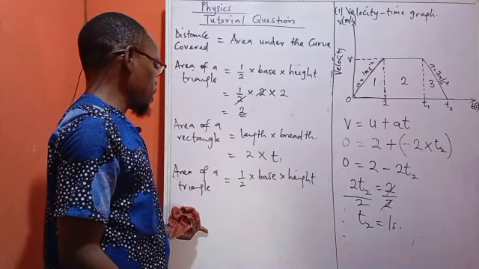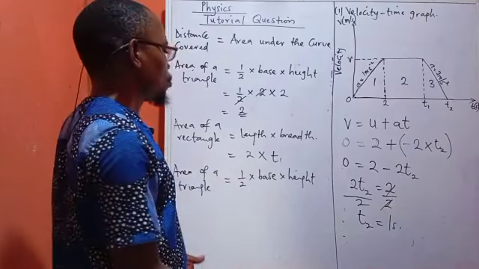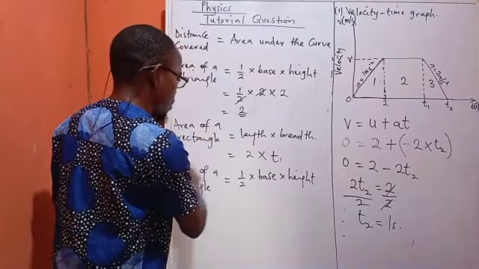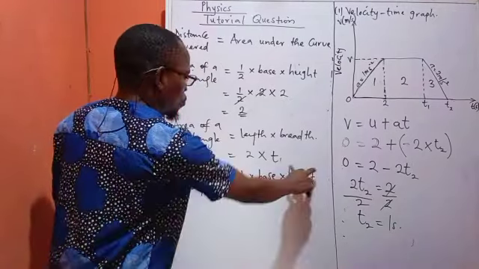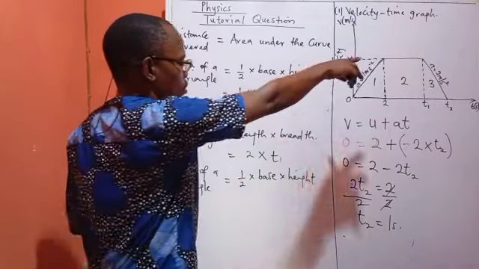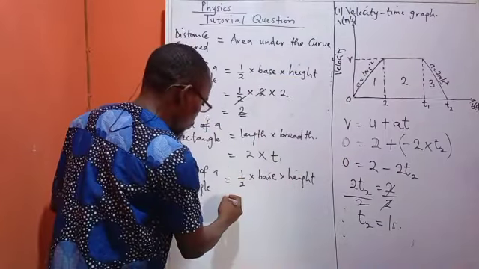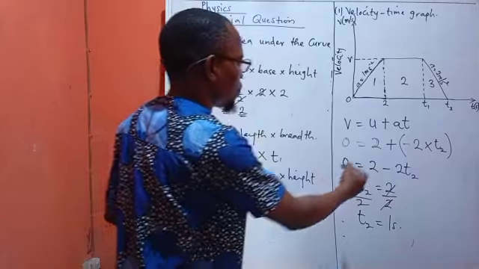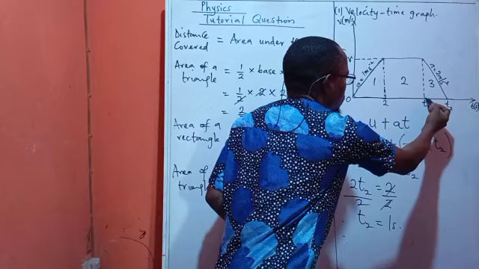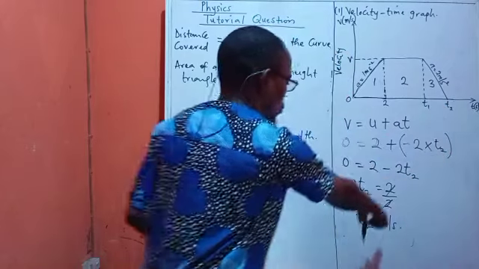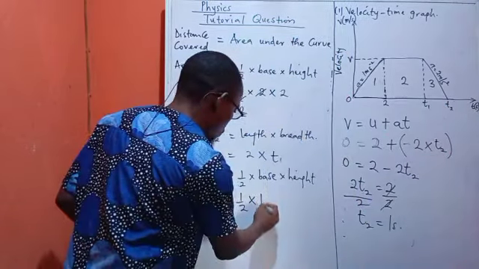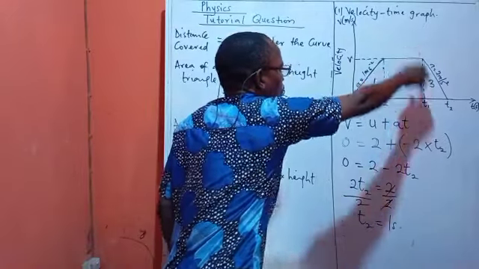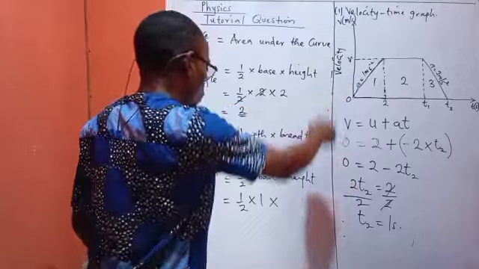So with this, we can now come back here and input our values so that we'll be able to get the distance for this third shape, which is our triangle. So we'll be having 1/2 times our base, which is the time we've calculated, 1, times our height, which was 2.